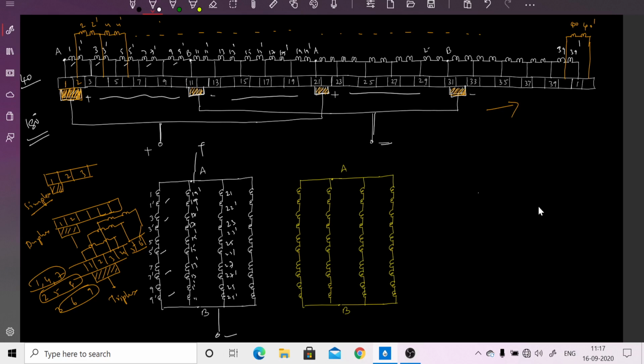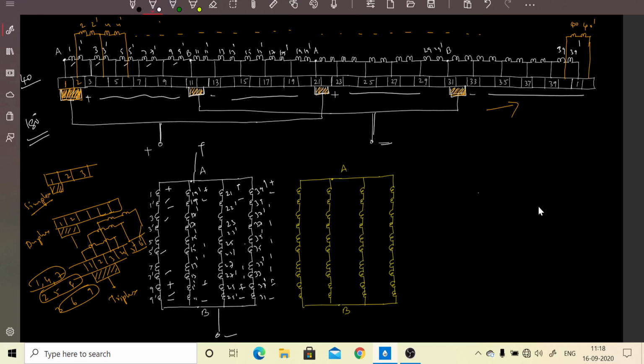From here to positive again, we have 31, 31 dash, 33, 33 dash, 35, 35 dash, 37, 37 dash, 39, 39 dash. Okay, so this will be plus minus, minus plus, and so on.